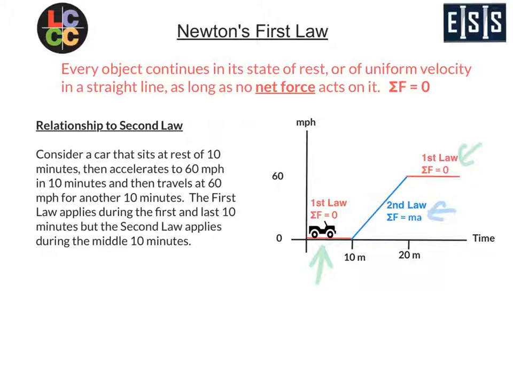But then once you hit your 60 miles per hour and you're back into a uniform velocity situation, now you're going to use Newton's first law equations, where your sum of your forces equal to 0 to resolve any unknowns you have at that part. So you would break this problem into 3 different sections and apply the appropriate law for each of those sections.